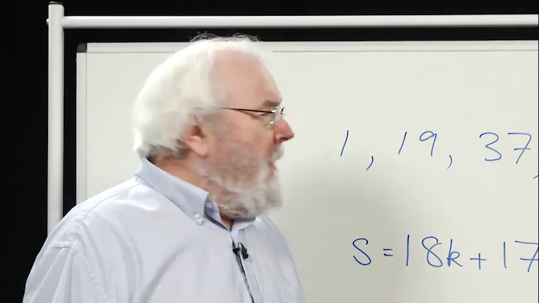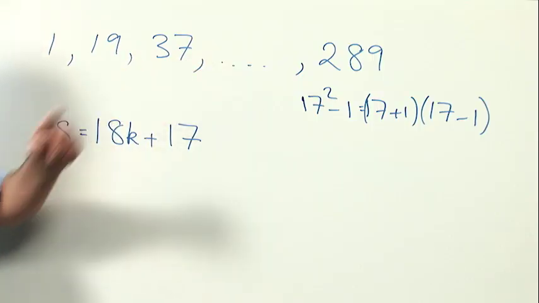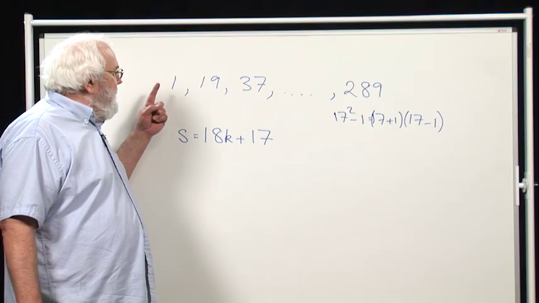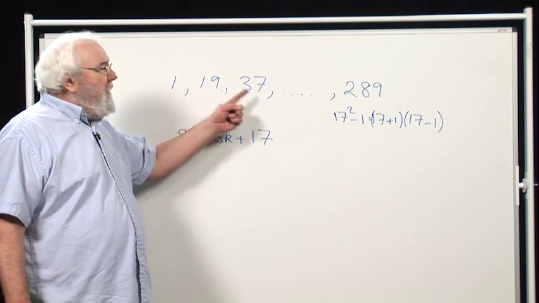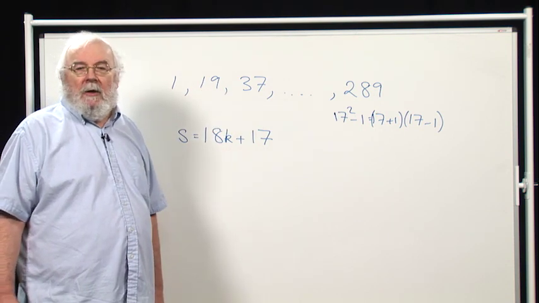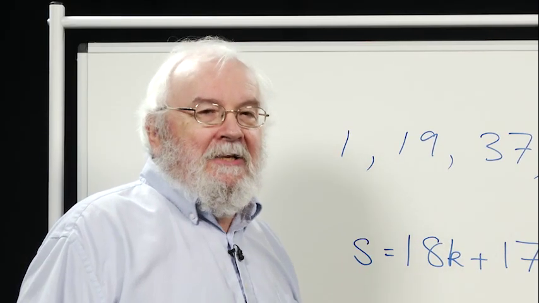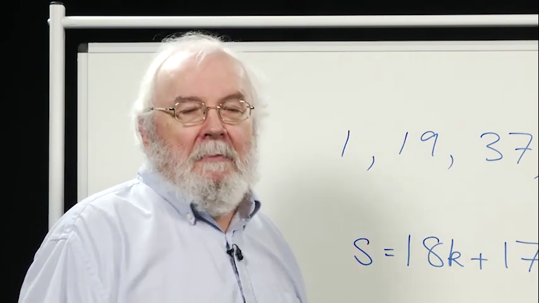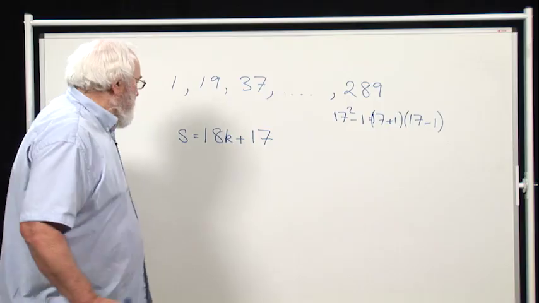What are we really doing? Well, when you add up a few of these terms, they are lying in an arithmetic progression. That's to say you've got a first term, and then you keep on adding on 18 at every stage. And it's easy to understand the sum once you realize that you're adding up an arithmetic progression. This is how it goes.